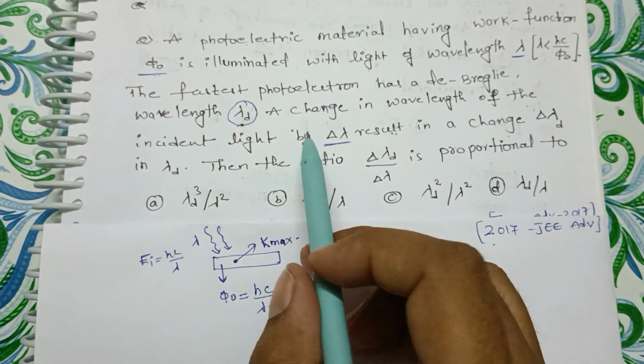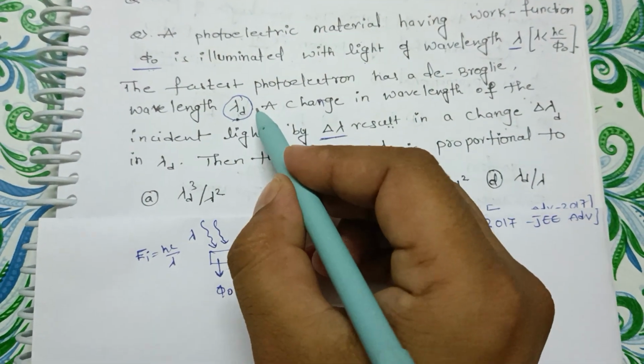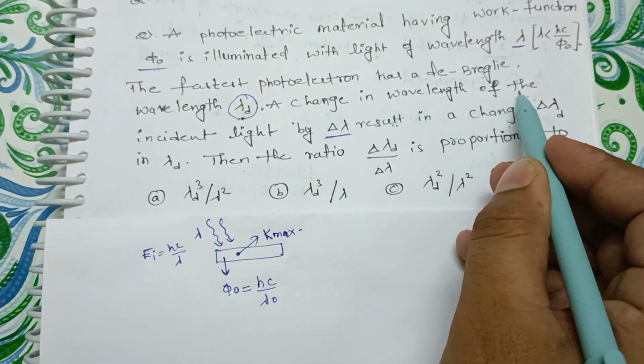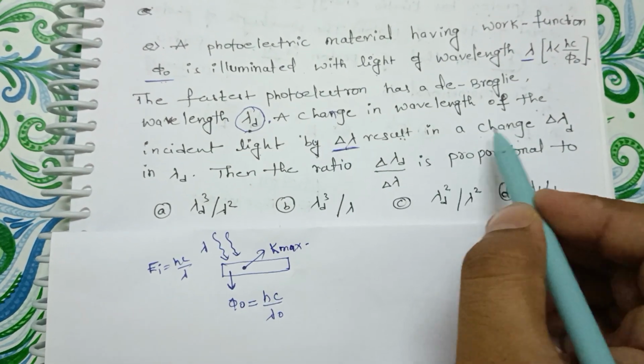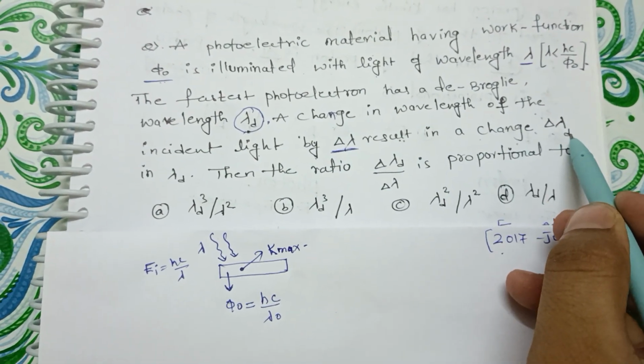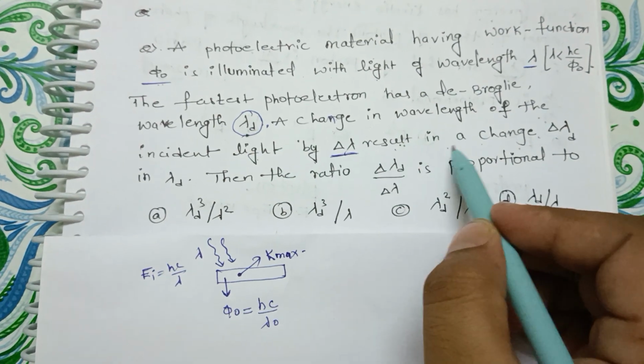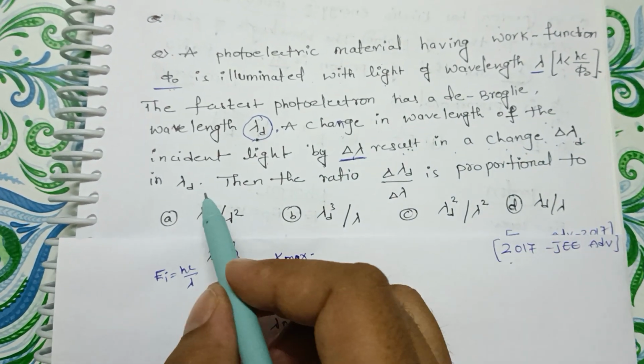Now, a change in wavelength of the incident light by delta lambda results in a change delta lambda d in lambda d.